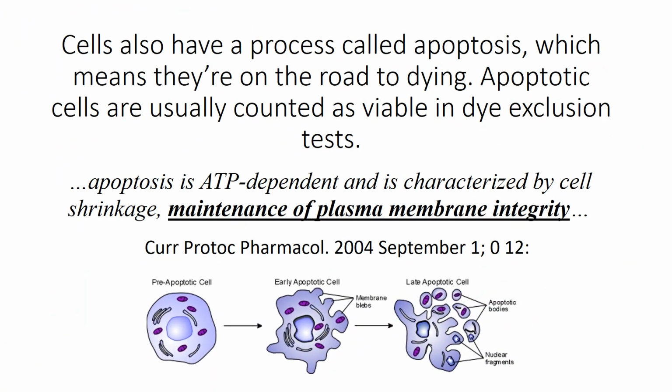However, cells also have a process called apoptosis, which means they're on the road to dying. And apoptotic cells are often counted as viable in dye exclusion tests. Why? Because the plasma membrane is still intact in these apoptotic cells.